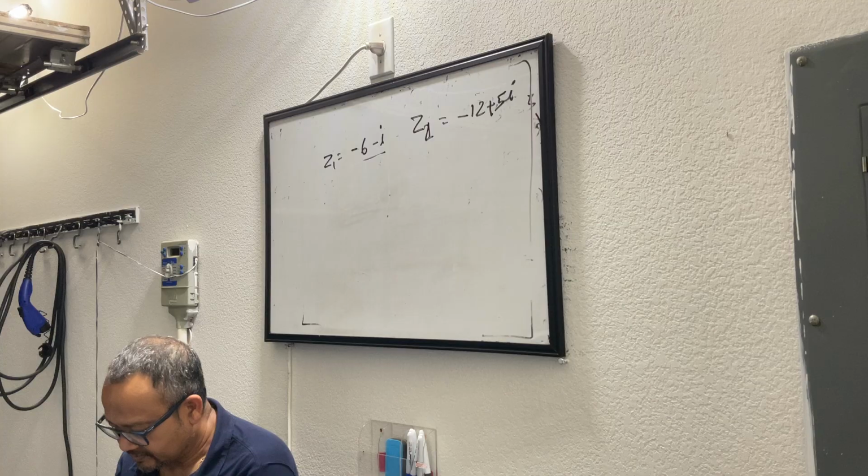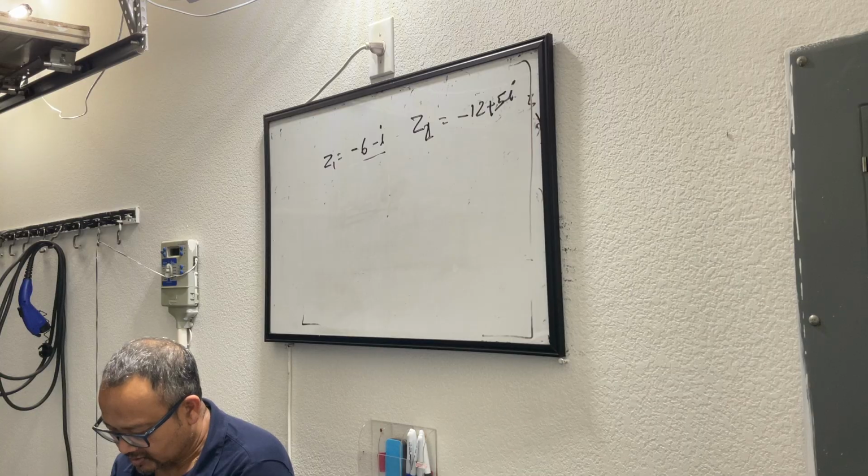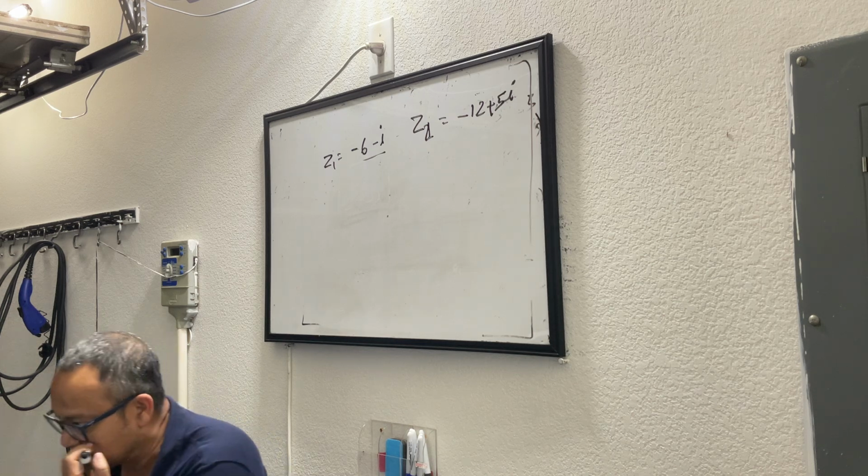Okay. Yes, Praneet. For the first one, I got the same thing, square root 37. And then for the second one, I got 13. Okay.